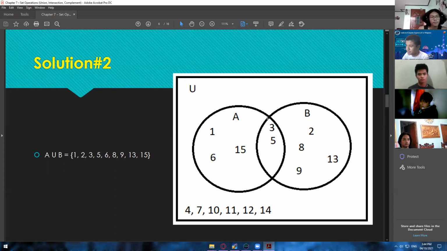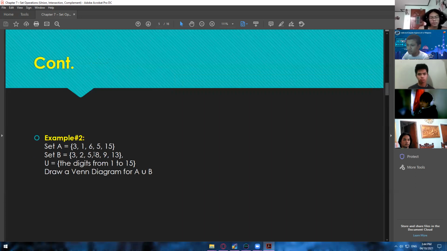As you can see right here, 3 and 5 are repeated from both sides. We have 3 right here, and we also have 3 right here.